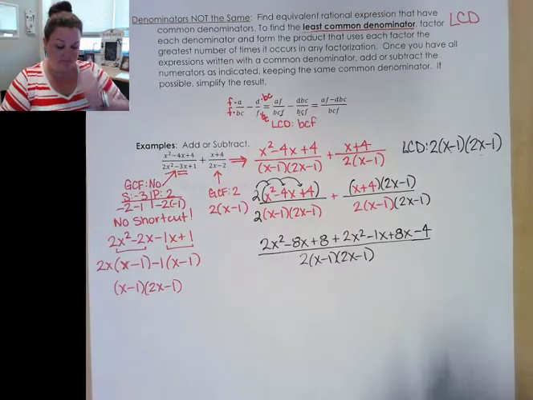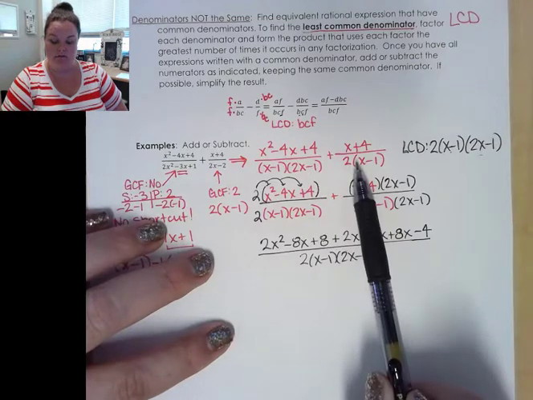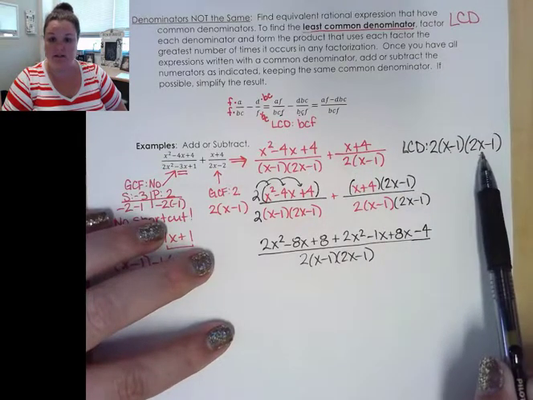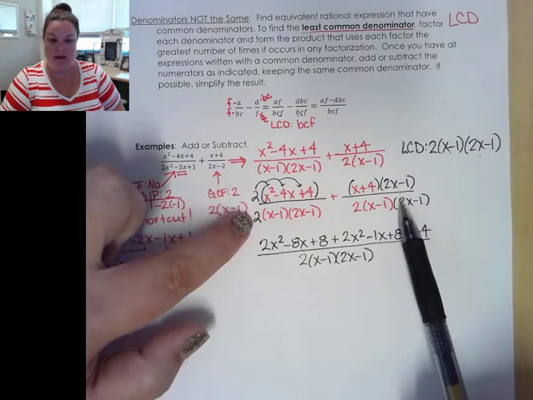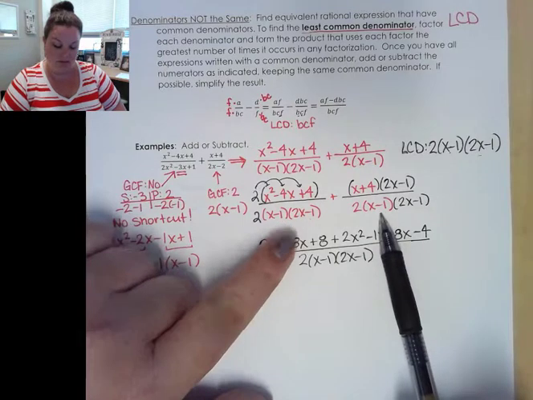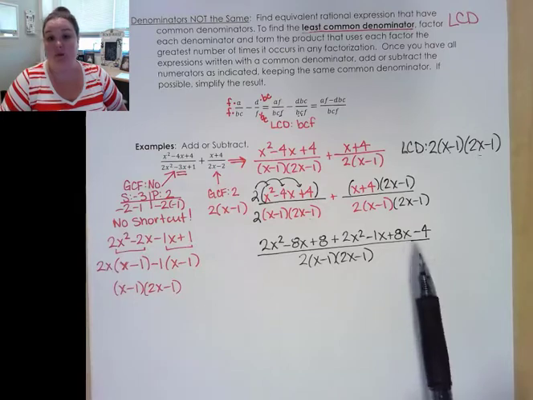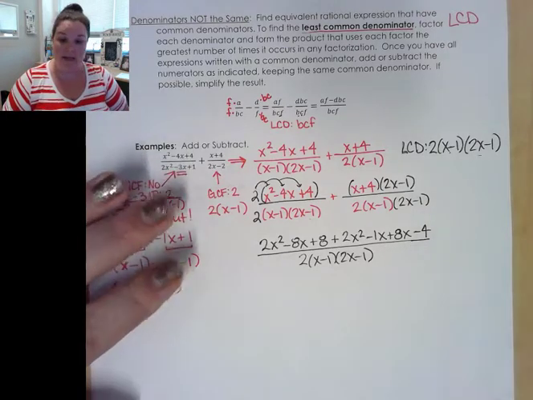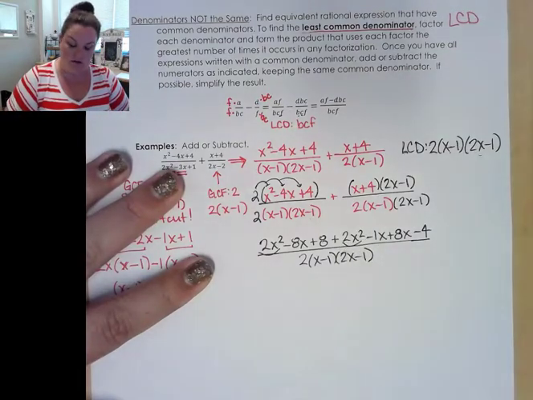So all we've done is we've taken the denominators we had and factored them, figured out what our common denominator is, then we've multiplied on top and bottom to make our denominators look the way we want, and now that they have the same denominator, we combine the tops. Okay, so this is the top now, I just need to go ahead and combine it, right? So combining like terms. So I have 2x squared and 2x squared, right?